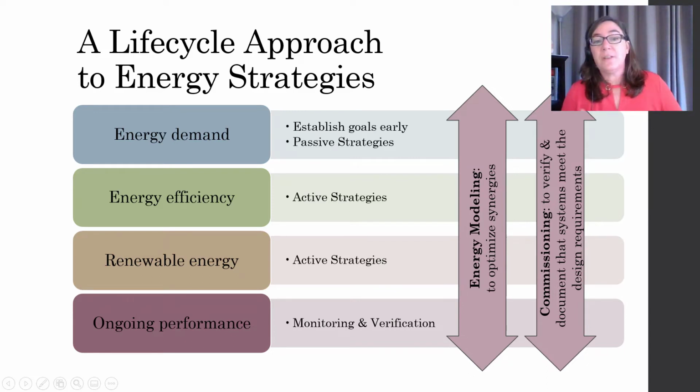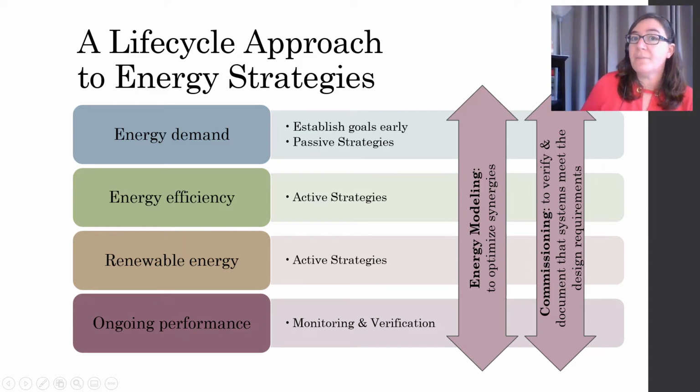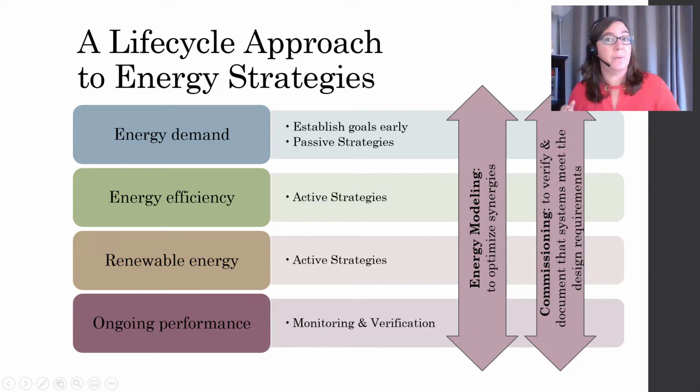The energy efficiency and the renewable energy strategies, those are typically those active design techniques, where we specify efficient equipment and possibly add some energy generation on site. The ongoing performance part is going to be monitoring and verification. That doesn't just happen at the end of the project, it's going to happen throughout the design process also.